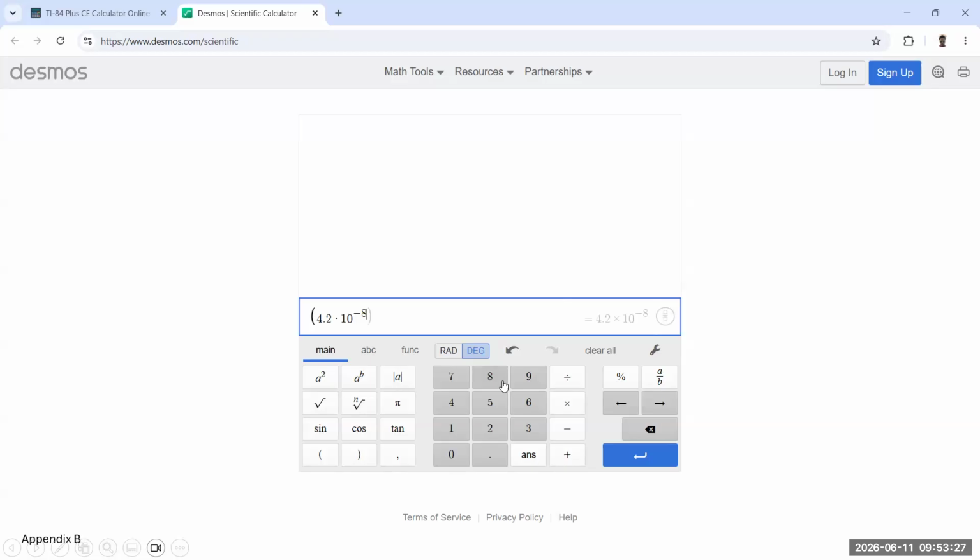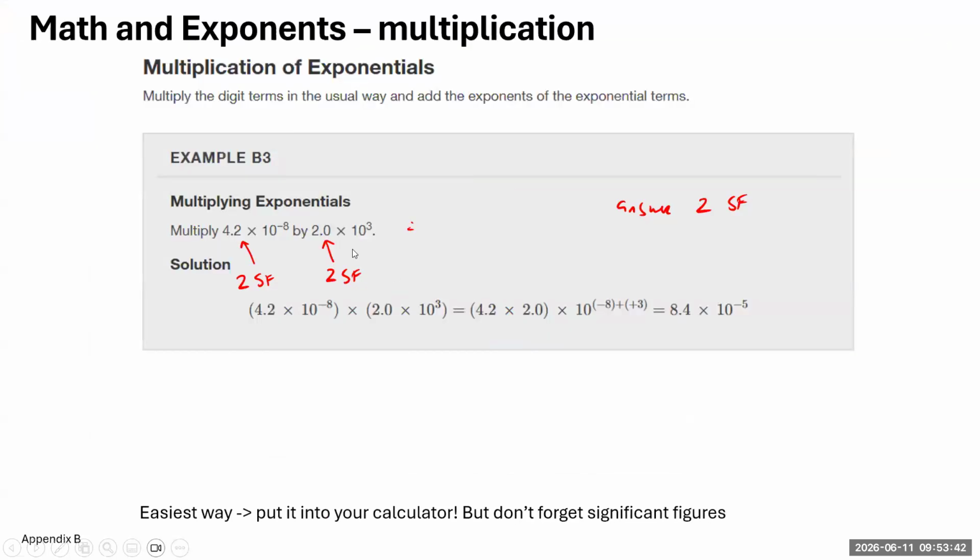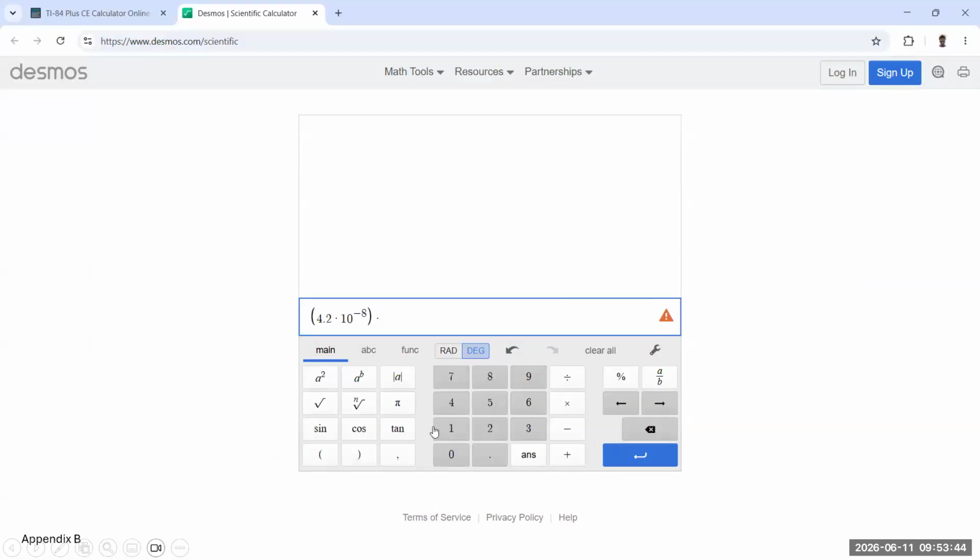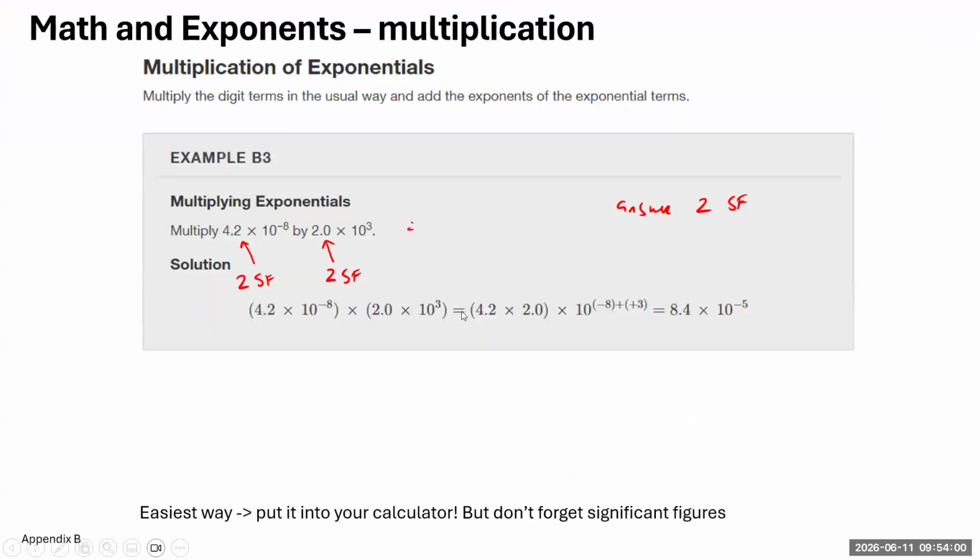So we'll say negative 8, then move the arrow over 1 and close the parentheses, times open parentheses 2.0 times 10 to the third.